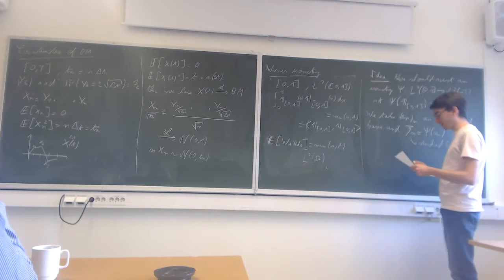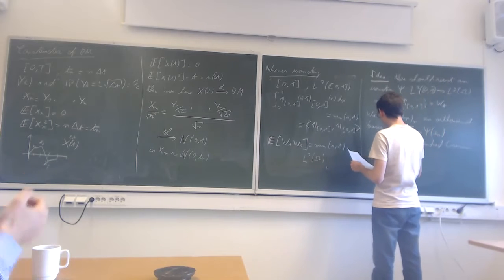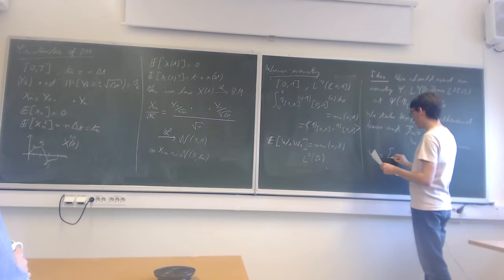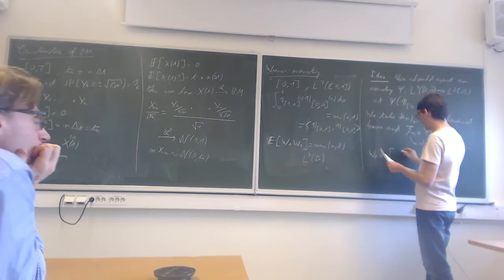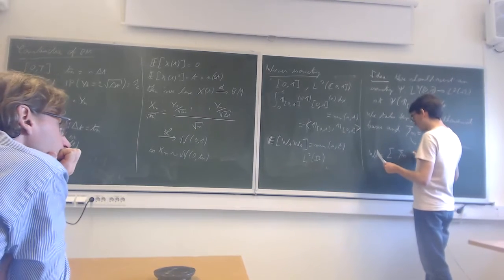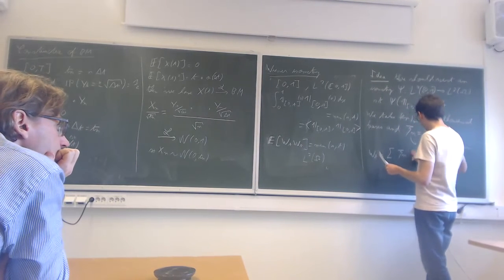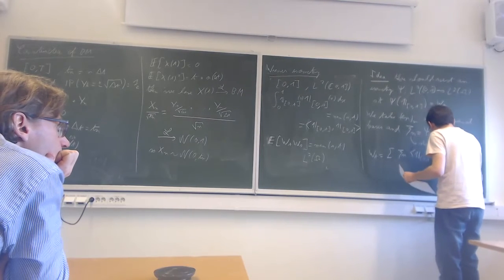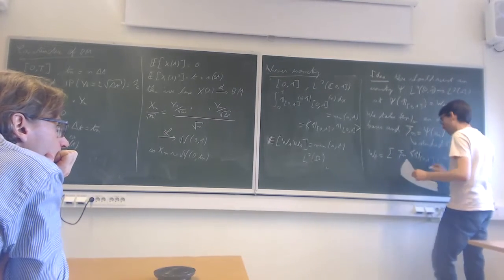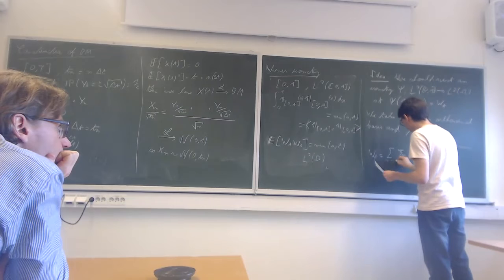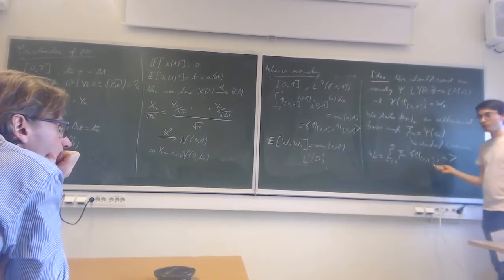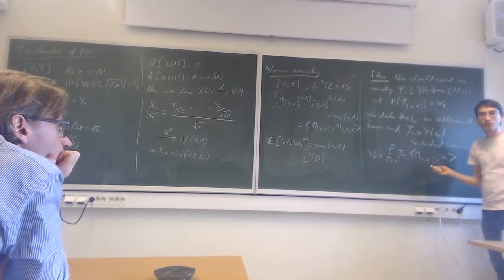And what I should have is that the indicator of 0,t can be decomposed with respect to my orthogonal basis as a sum of psi_n, times the scalar product of the indicator of 0,t with e_n. And this series, as we know, should converge in L2.